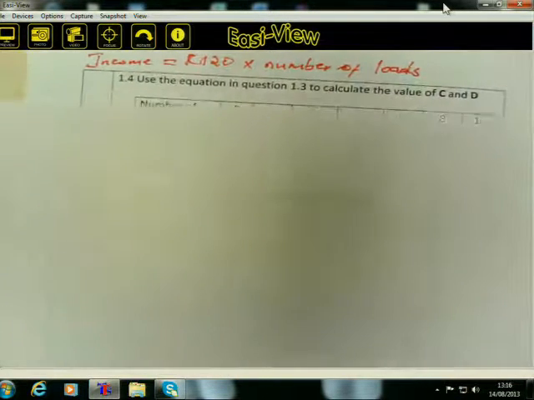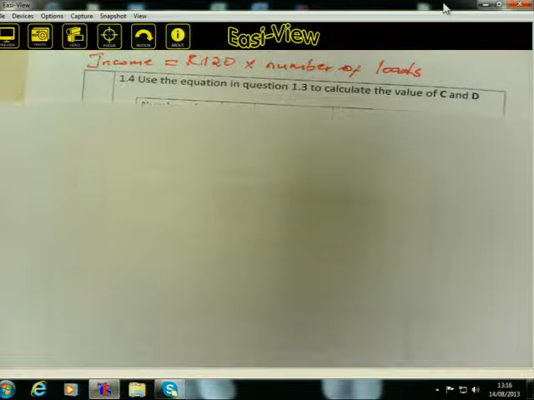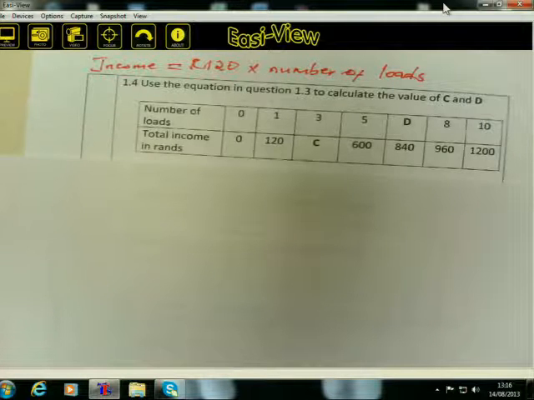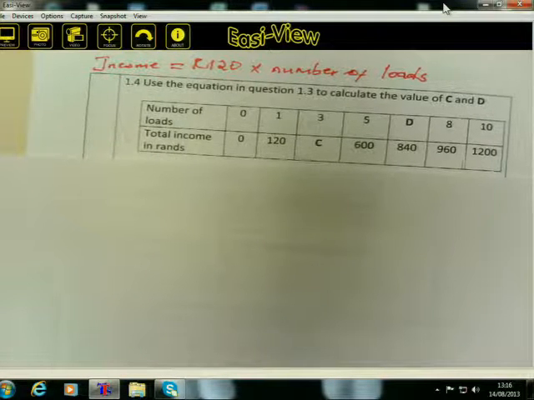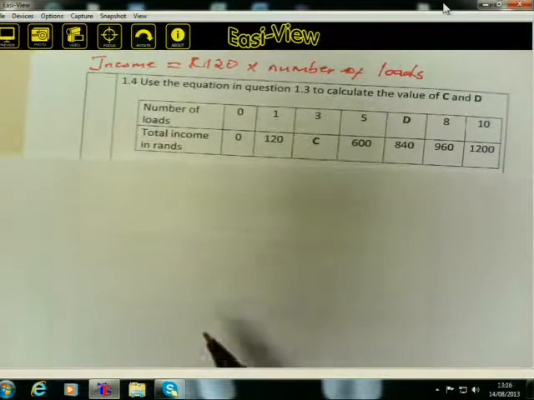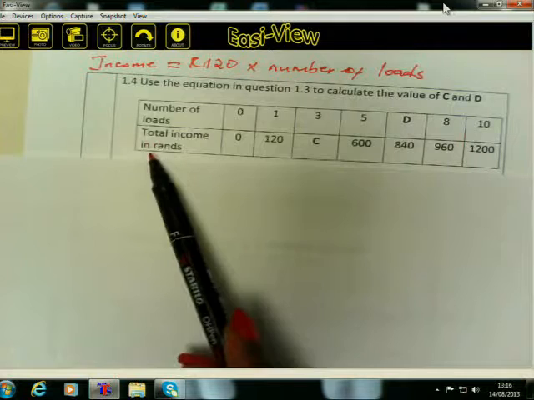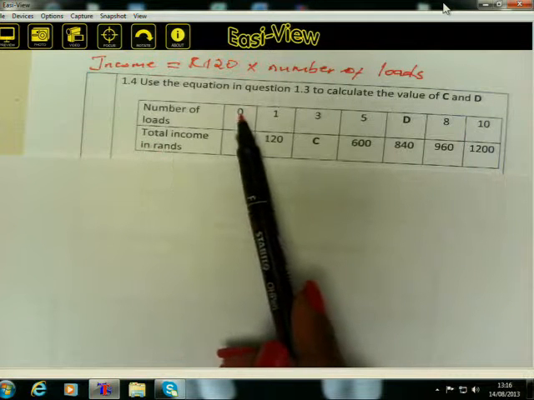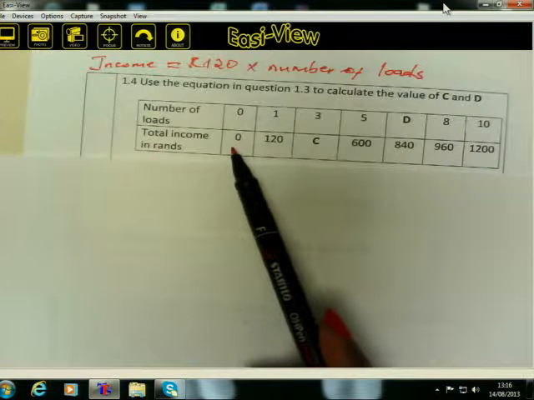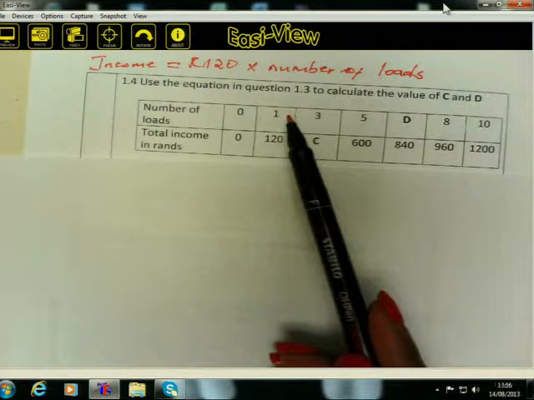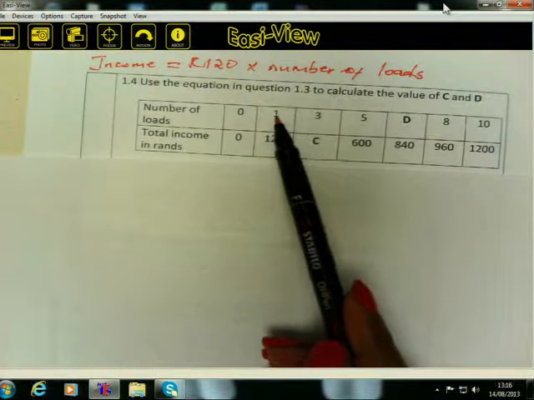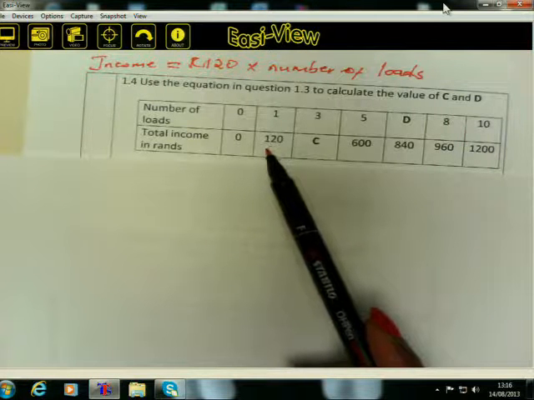Now we must calculate the value of C and D using the formula that we have already constructed. Going to the table, we are given the number of loads and we are also given the total income in rands. If there are 0 loads, then the income will be 0. Of course, you will not be paid for work that you do not do. If he transports 1 load, the income will be 120.